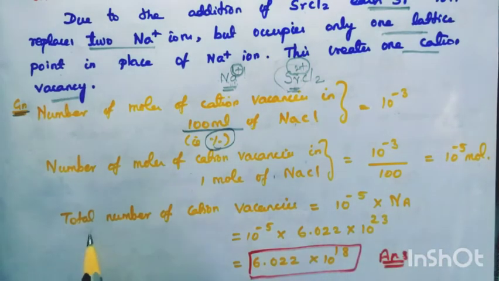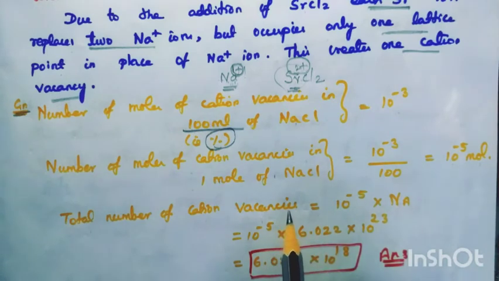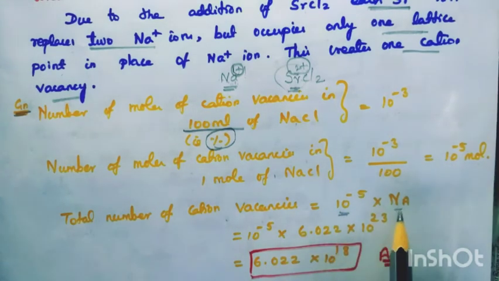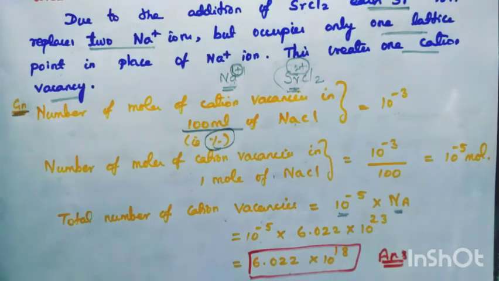That means the total number of cationic vacancies is equal to the number of moles that 1 mole contains, the Avogadro number, no? So, the number of cations is this moles into Avogadro number, which gives 6.022 into 10 power 18. So, this is the total number of cationic vacancies.